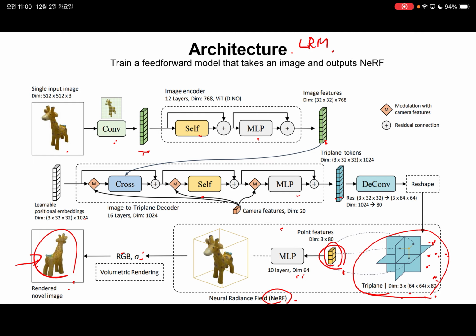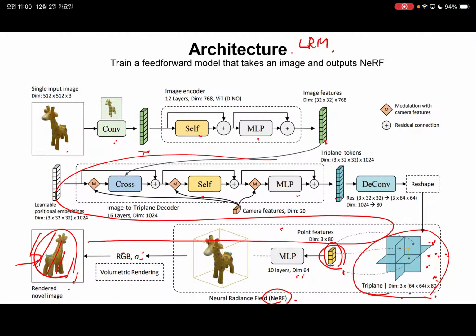We render images in a novel viewpoint, and then we optimize image loss, and the gradient is backpropagated through here, here, and then this deconvolution, reshape, and bilinear interpolation, concatenation, MLP, volumetric rendering. All this stuff is differentiable, so the gradient applied at the end of rendering novel view images can be backpropagated to even the convolution layers.